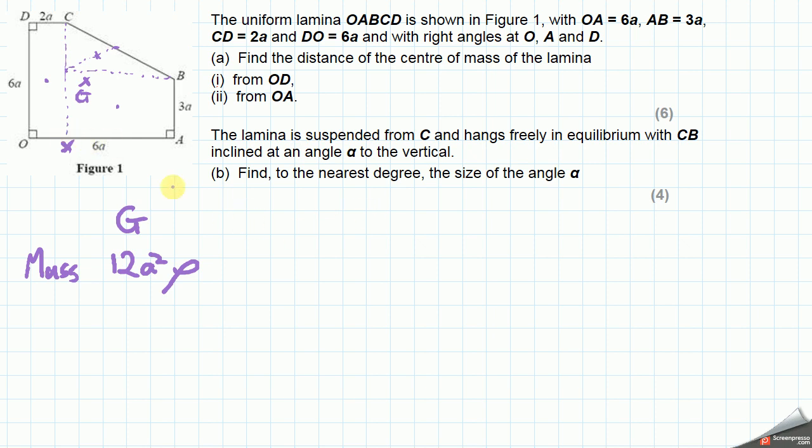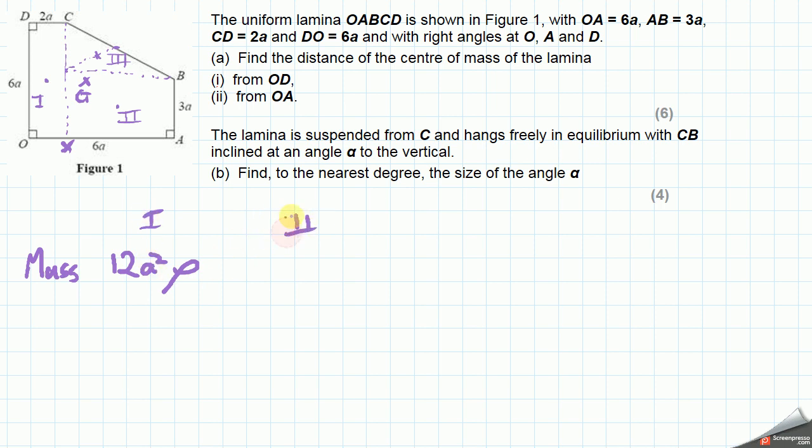Then we've got our 3 regions: region 1, region 2, and region 3. So region 1 is 12a squared, the area, times the density, the mass per unit area. And there's my mass representation.